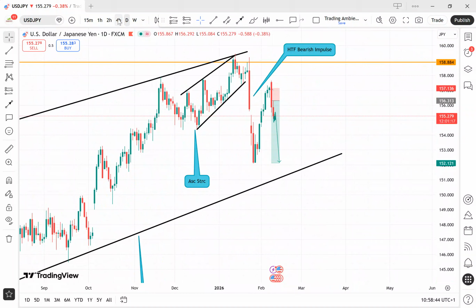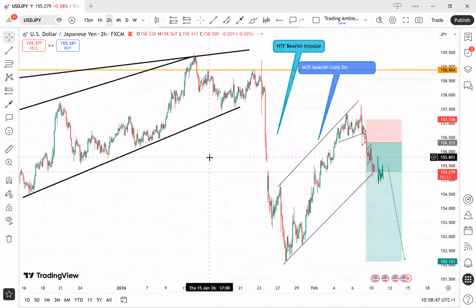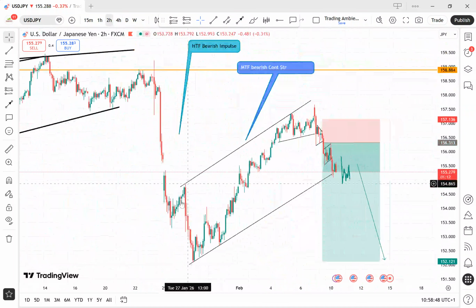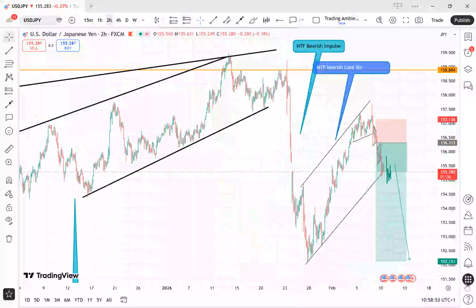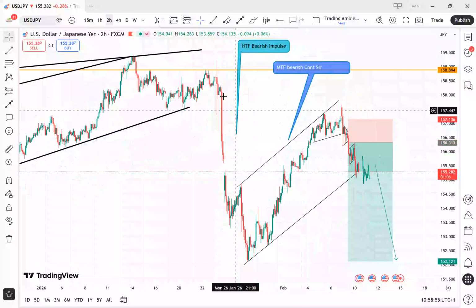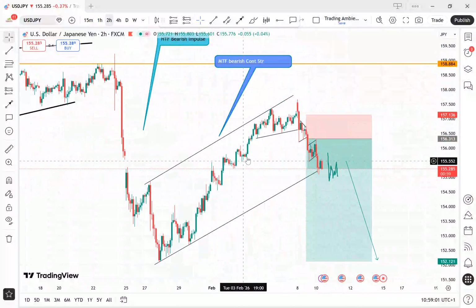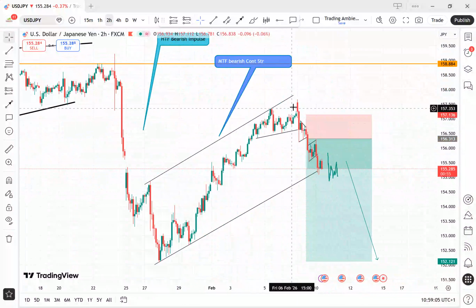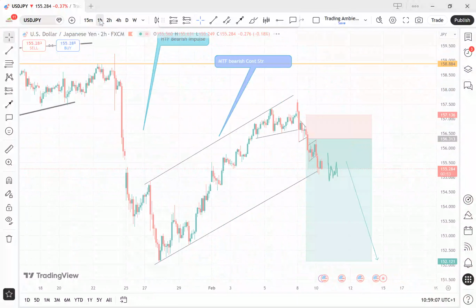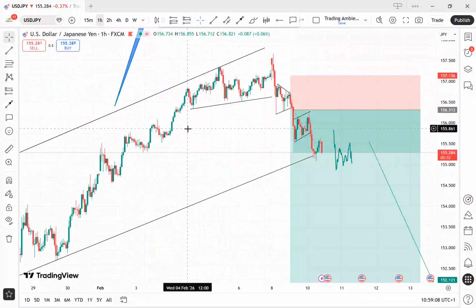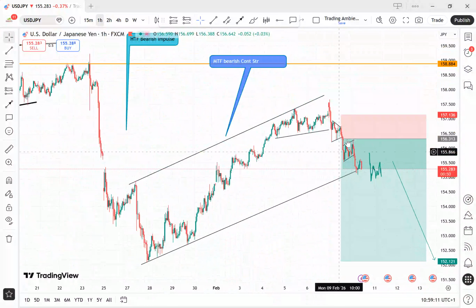So going down to the mid time frame, we have this ascending channel, which is a bearish continuation structure for me. Bearish impulse, mid time frame, bearish continuation structure. So right at this up, we have a bullish impulse and a bearish reversal structure. So the price broke out of this mid time frame structure and painted a continuation structure for me.